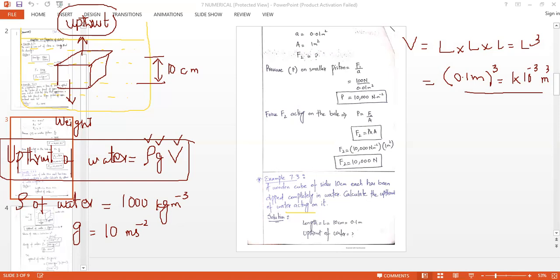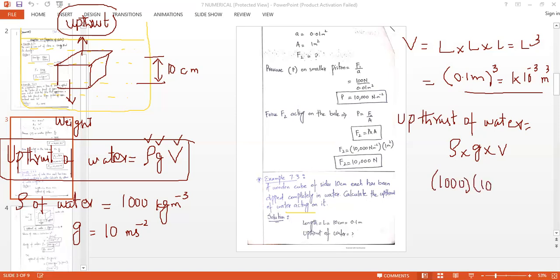Now putting the values, upthrust of water equals rho multiplied by G multiplied by V. Rho is 1000, G is 10, and V is 1 into 10 power minus 3.